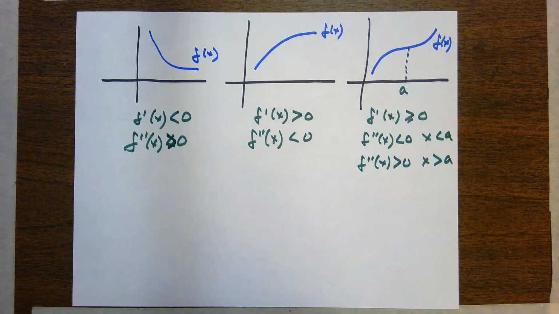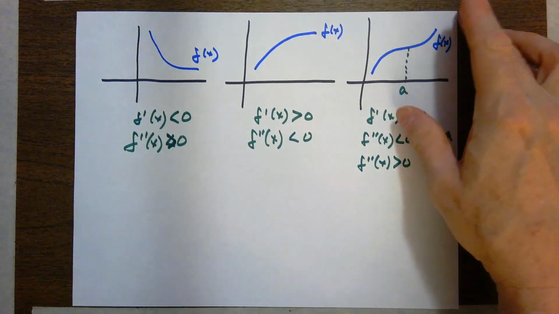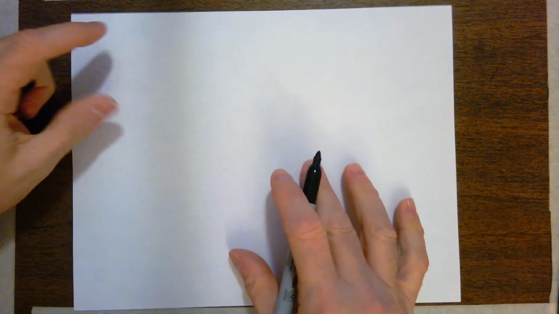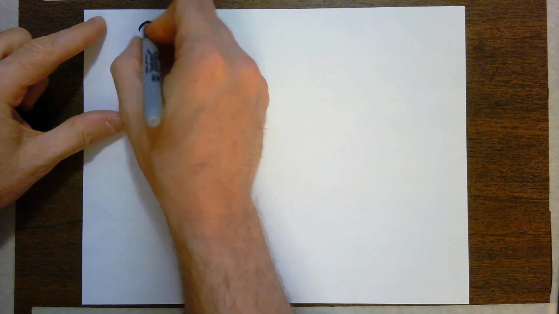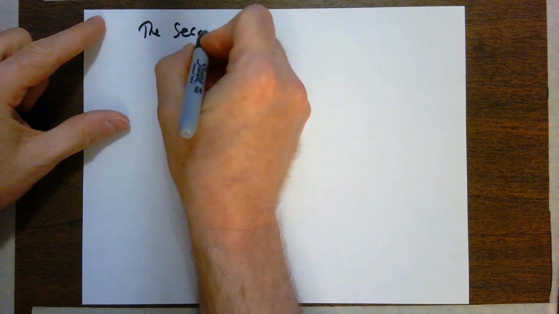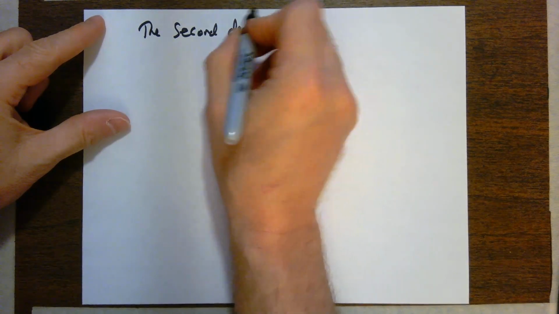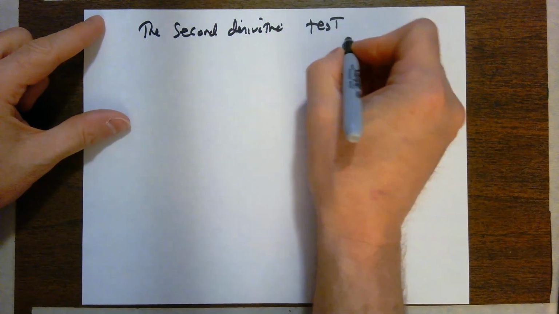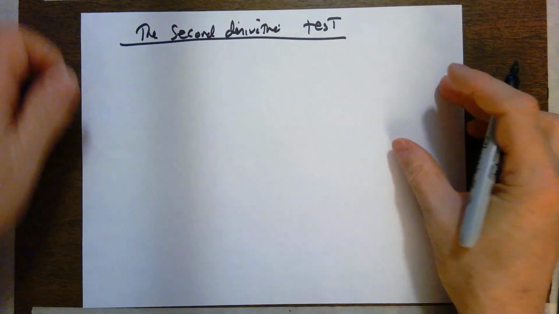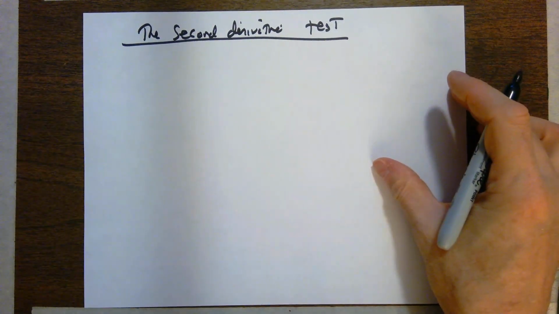All right, so now let's be a little bit more formal, and let's talk about the second derivative test. In other words, my f double prime.